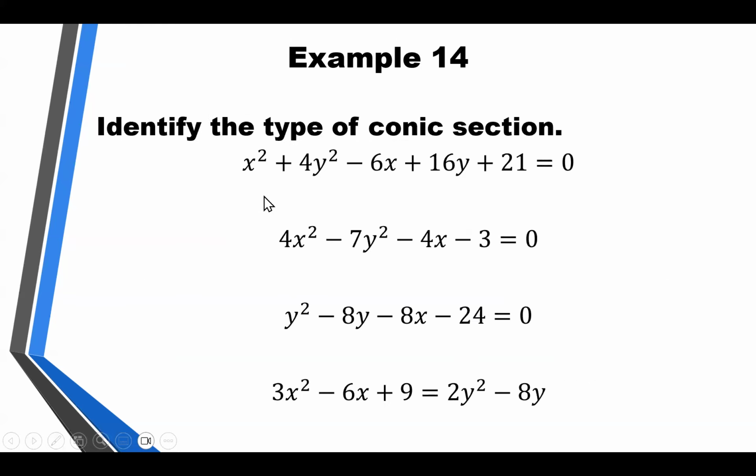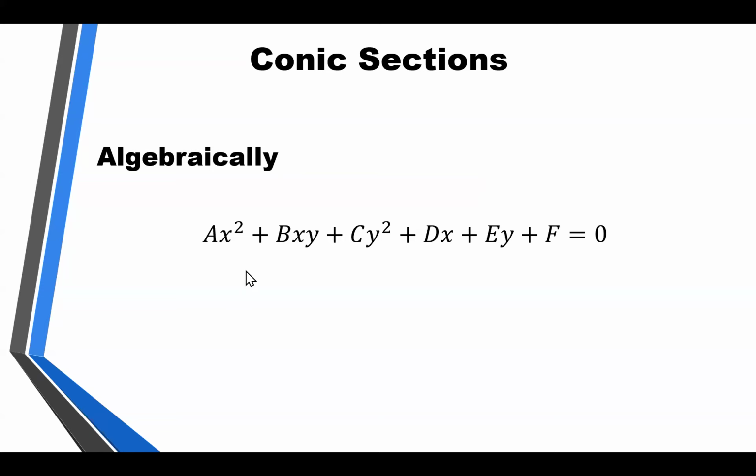Let's take a look at some examples. Here are 4 equations that represent conic sections. Remember, all conic sections can be written this way: Ax squared plus Bxy plus Cy squared plus Dx plus Ey plus F equals 0, if we're talking about a conic section that I draw in the xy plane.